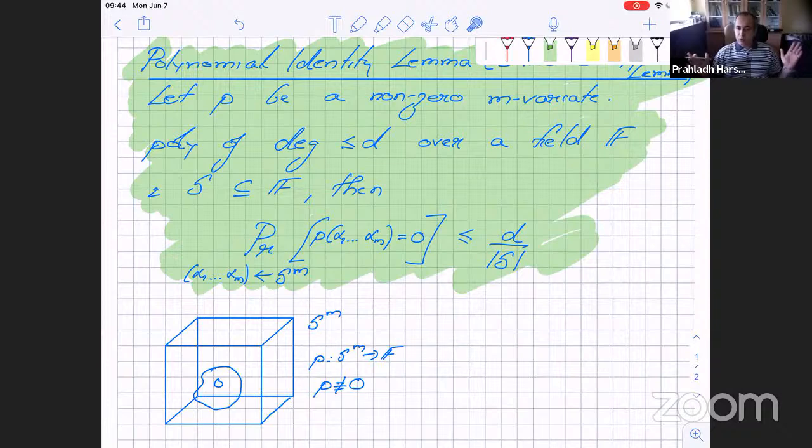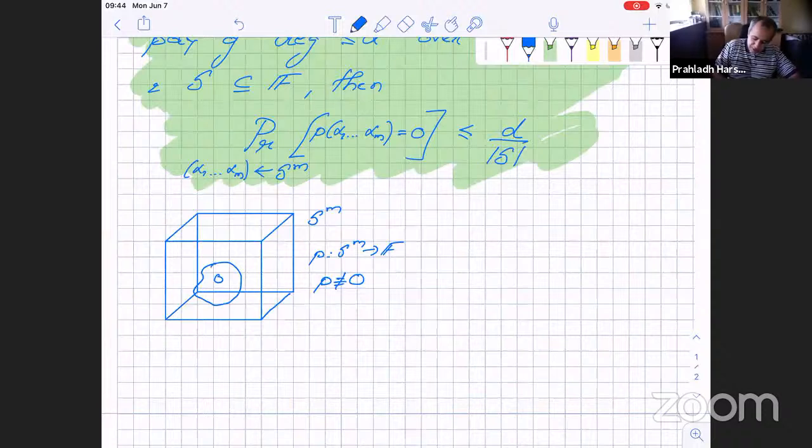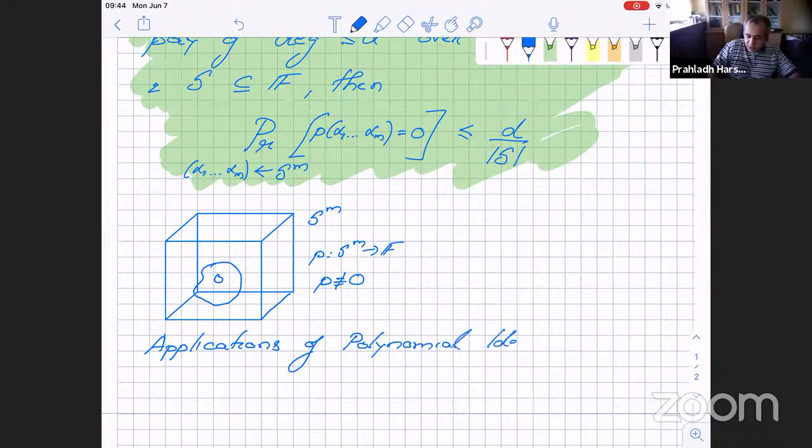Why is this a useful theorem? We will start off by looking at a couple of applications, we'll see two applications of the polynomial identity lemma. This lemma has been discovered multiple times in the math and CS communities.